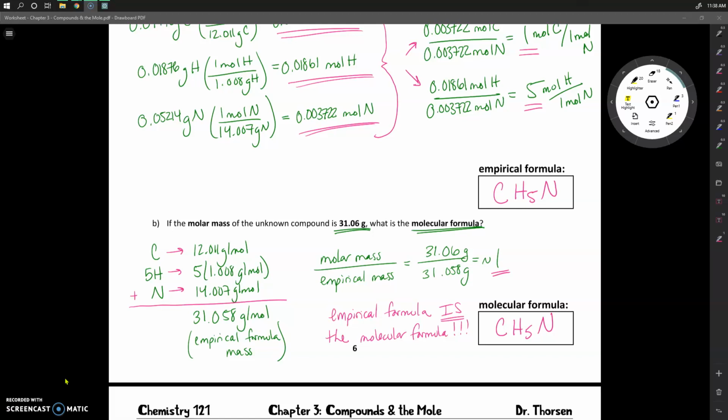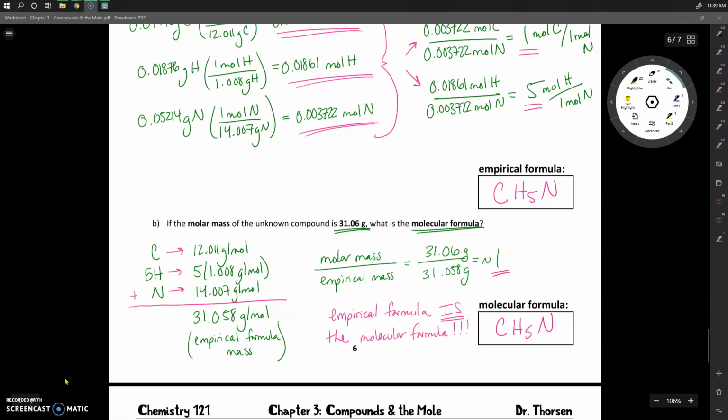So this can happen, and I've mentioned previously that you always want to make sure when you're comparing the molar mass and the empirical mass that your empirical mass is either equal to or less than the molar mass, because if it's not, then you probably did something wrong. But this is a classic example of a case where we actually have an empirical mass that's pretty much exactly the same as the molar mass.